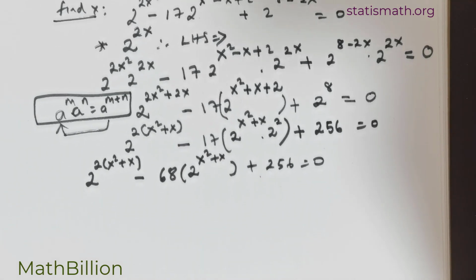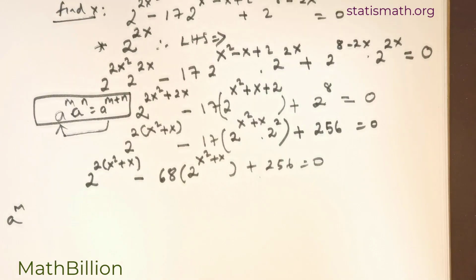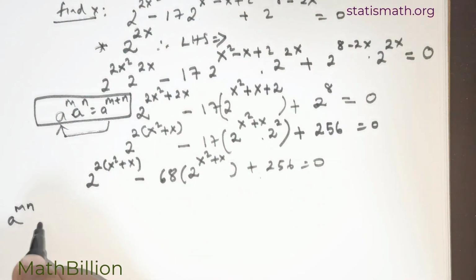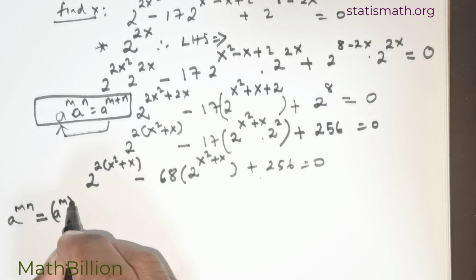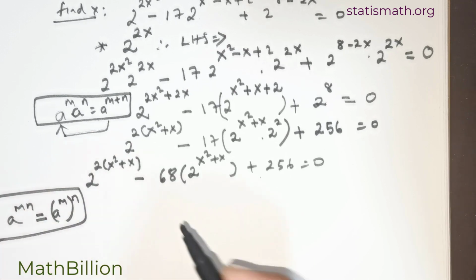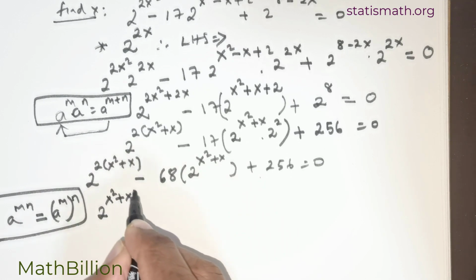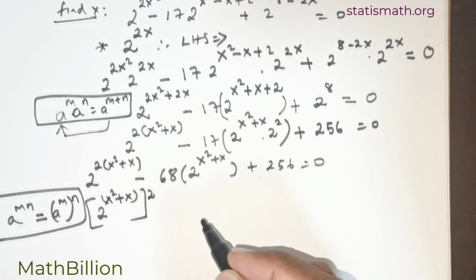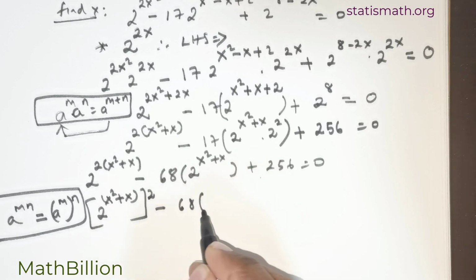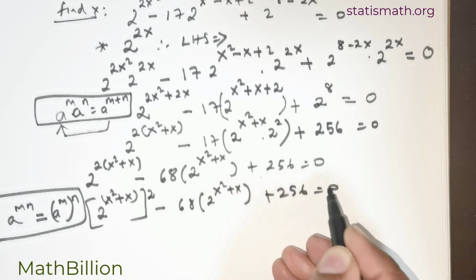Now I would like to rewrite this using the law of indices. a^(m times n) can be rewritten as (a^m)^n. I can always write it like this. So this is rewritten as (2^(x² + x)) raised to the power of 2, followed by negative 68 times 2^(x² + x), plus 256 is equal to 0.